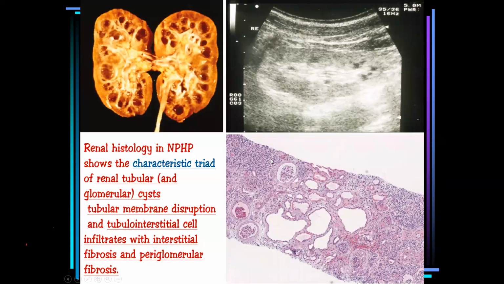You may find this characteristic triad of a renal tubular disorder, which is previously called nephronophthisis. But the newer term that is used is autosomal tubulointerstitial kidney disease.